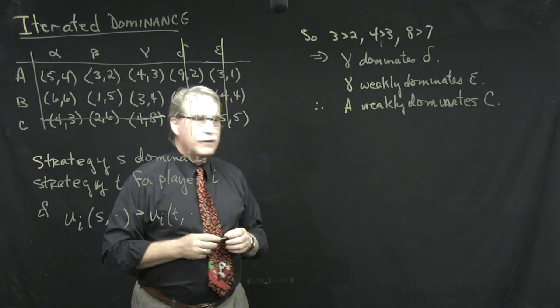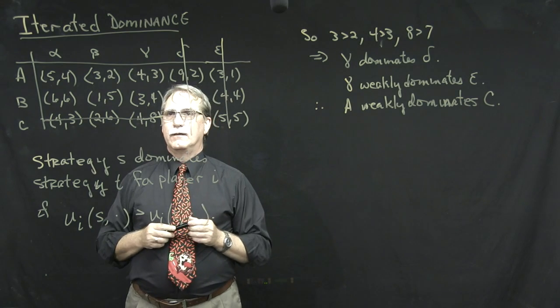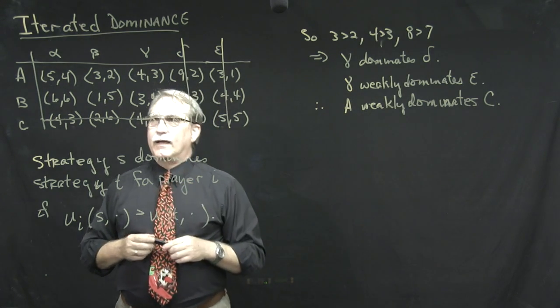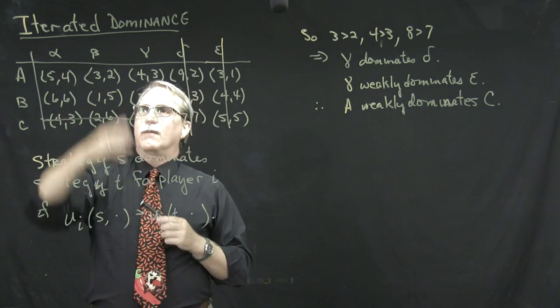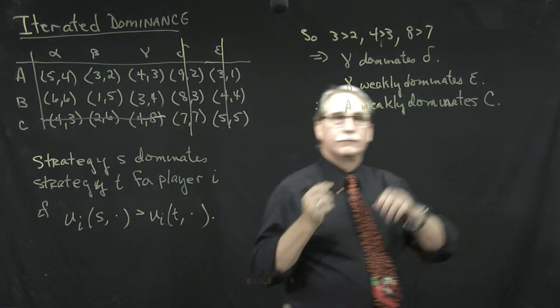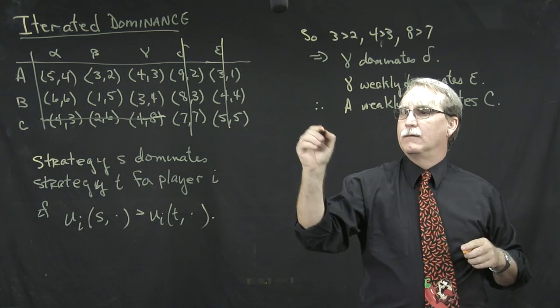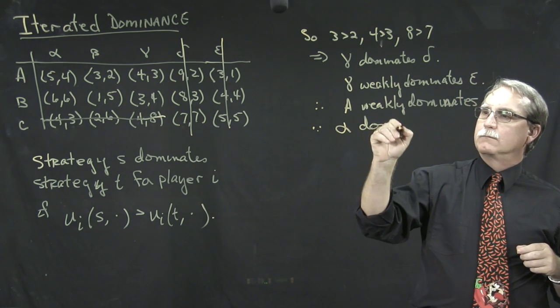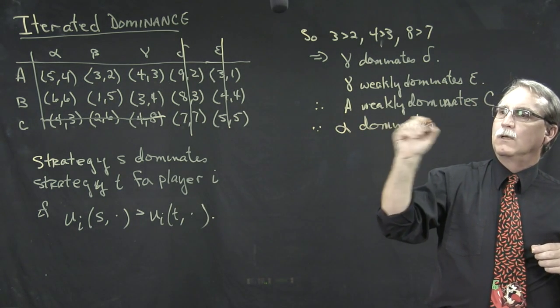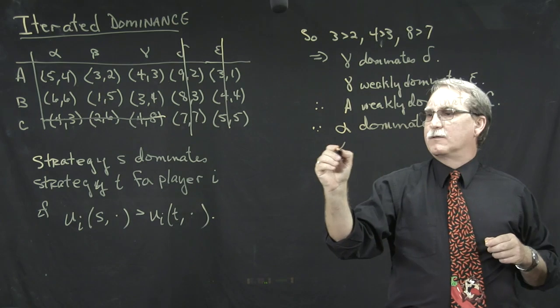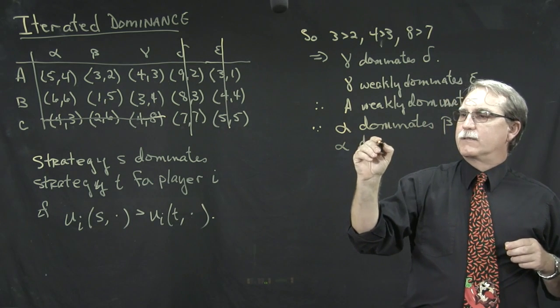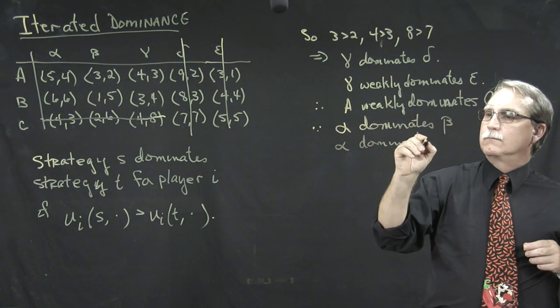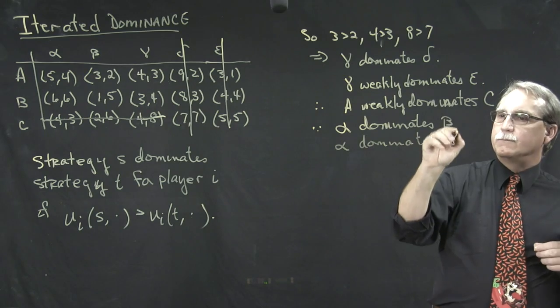At this point, we look at what we have left, and we see that column alpha dominates column beta, and we can also see that alpha dominates gamma.